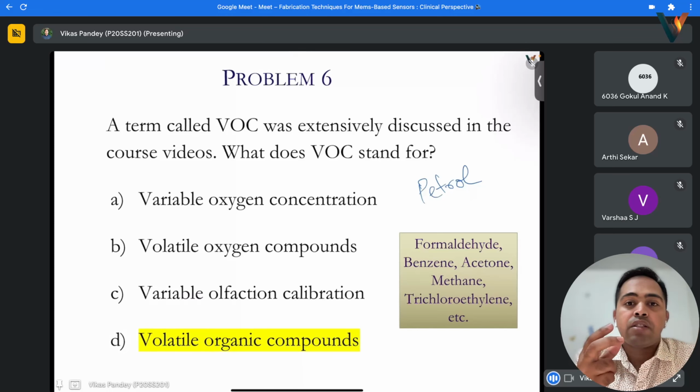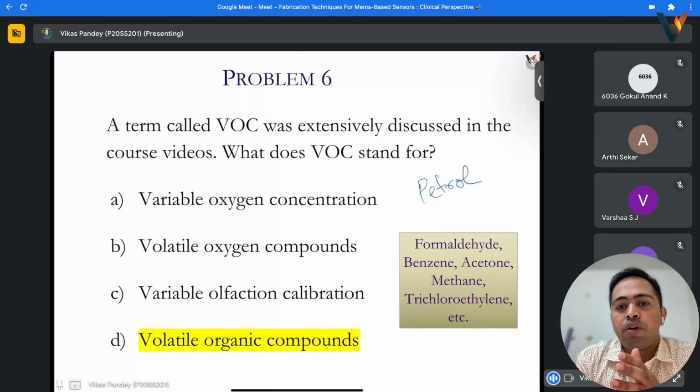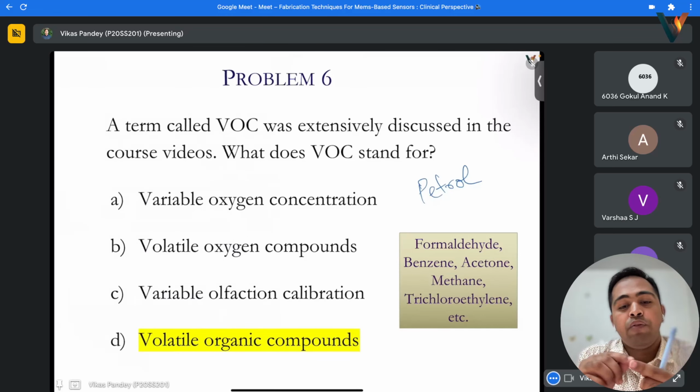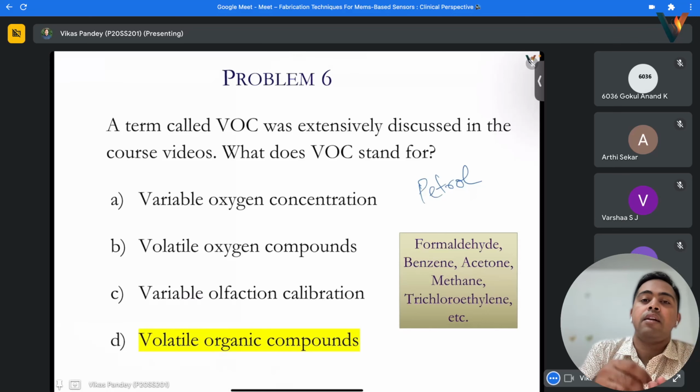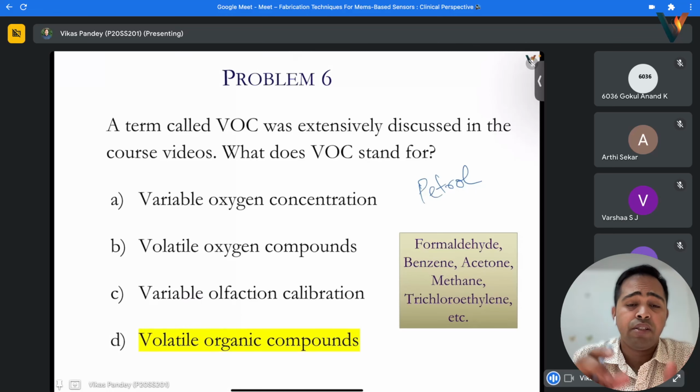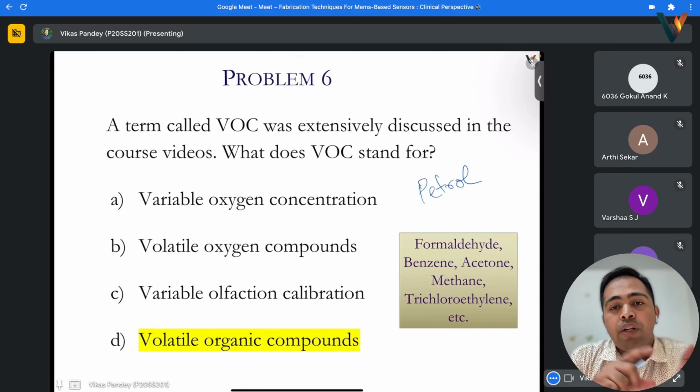Okay, so detection of these is very important for non-invasive testing, where we don't have to prick and take out a syringe of blood, which is the general way we have been doing till now, that we take out blood from the person and put it in some analysis and then we get the results. But what if we can tap the very small amount of VOCs present in maybe our breath to detect?